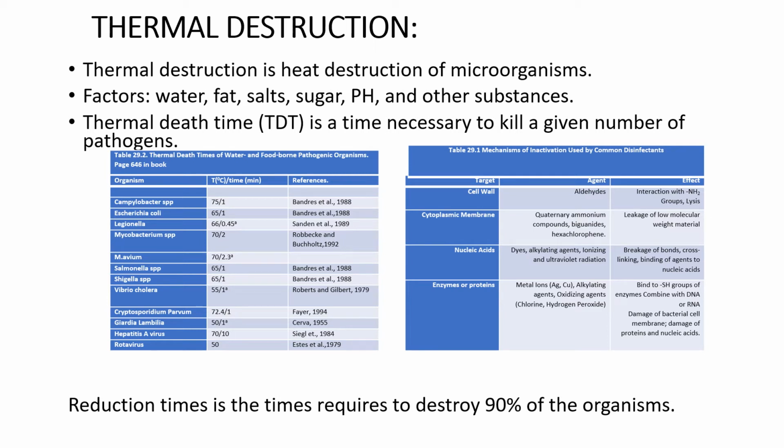The procedure to determine thermal death time is to place a known number of organisms in a sufficient number of sealed containers to get the desired number of survivors over the test period. The reduction time is the time required to destroy 90% of the organisms. There are more data in the book.